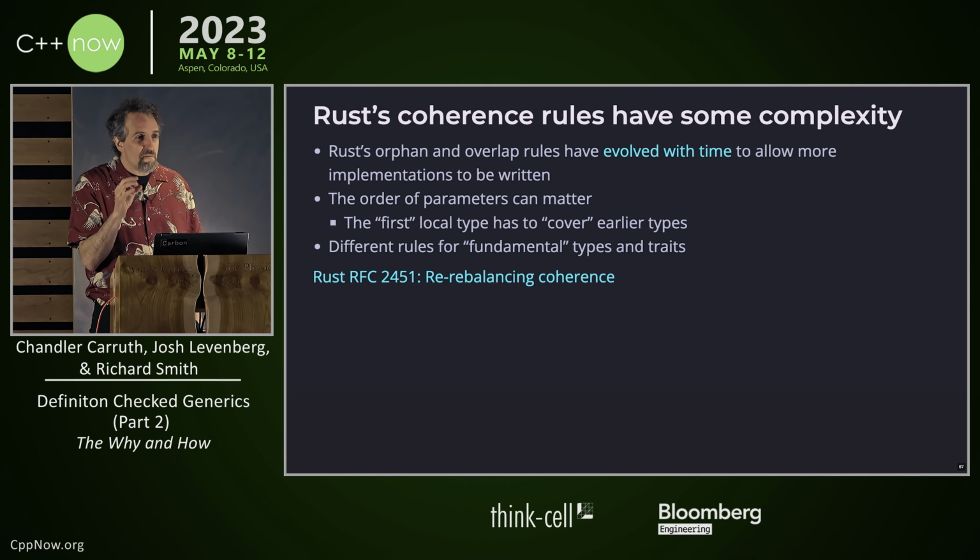These rules have become a little bit more complex with time in order to more carefully draw this boundary, so that you can carve out the important use cases they wanted to allow, where an implementation can be written without risking overlap with other libraries. I just want to point out that these rules end up making the order of parameters potentially significant.